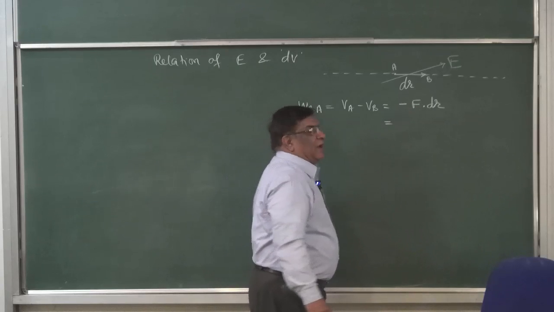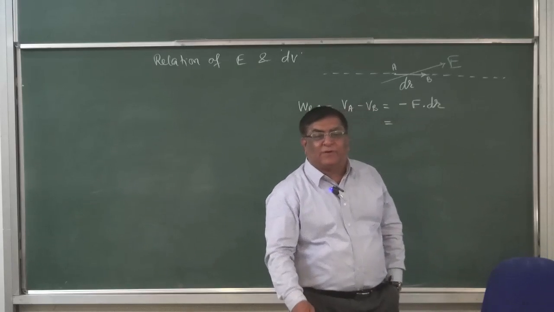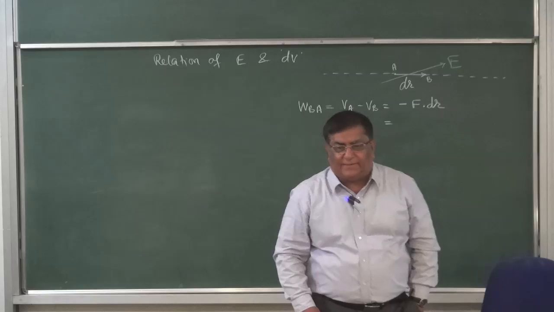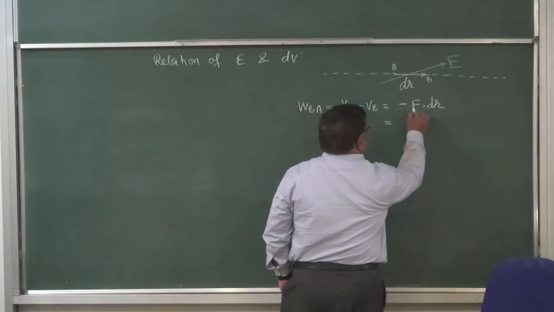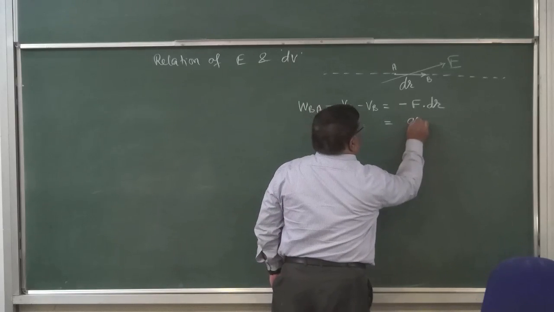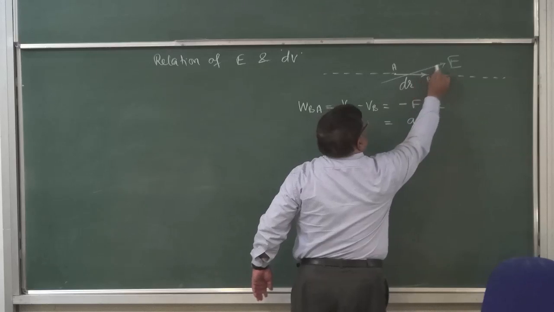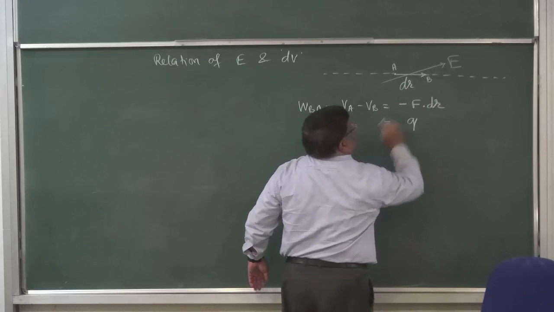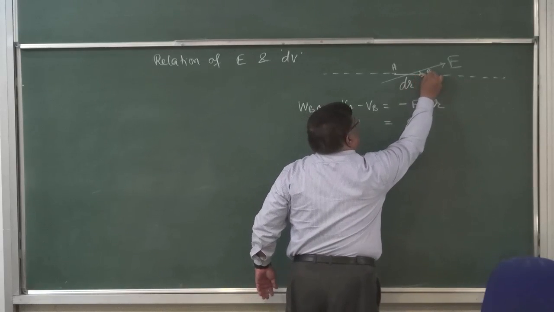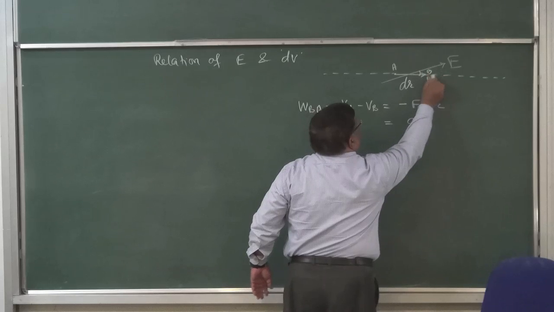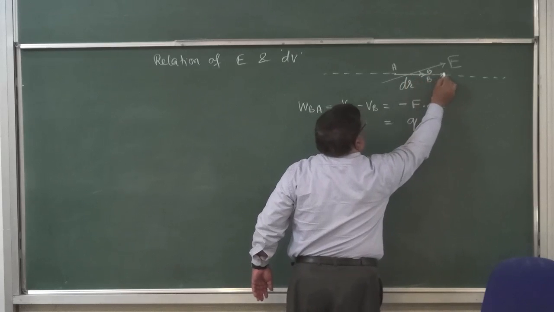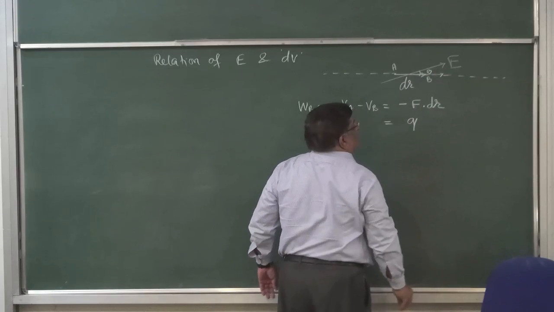Now, we know the formula for F. F is equal to Q into E. So, this we can write as Q into E. But E has got this direction, not this direction, and there is an angle theta here. So, E we can have a component in this direction. What will be the component of E in this direction?